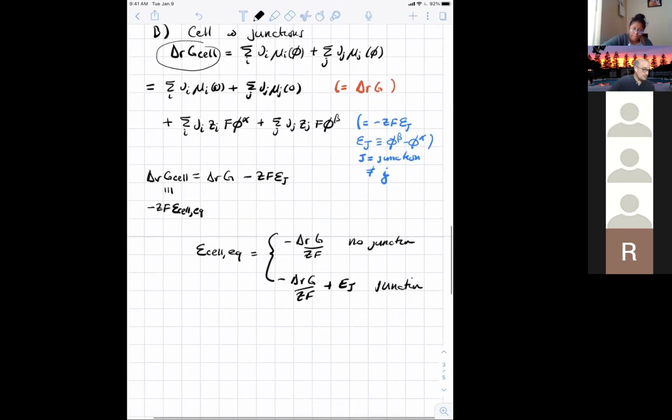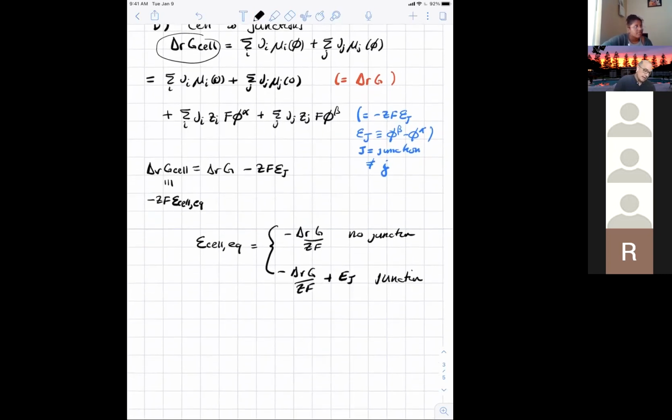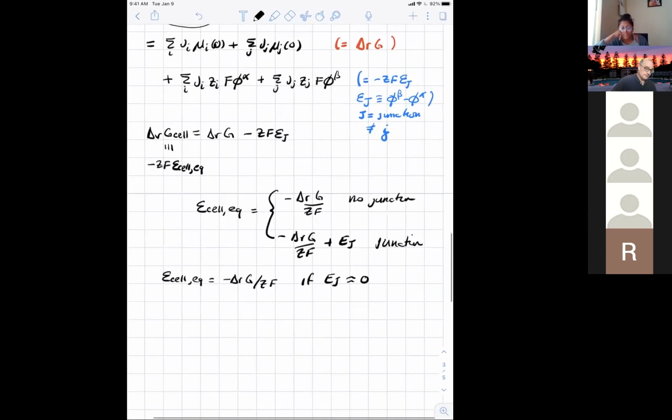And if we want to make this more simple, in other words, if we work in our experimental setup to make junction potentials 0, if they're small compared to everything else, then we can at least have this equality to a good approximation.